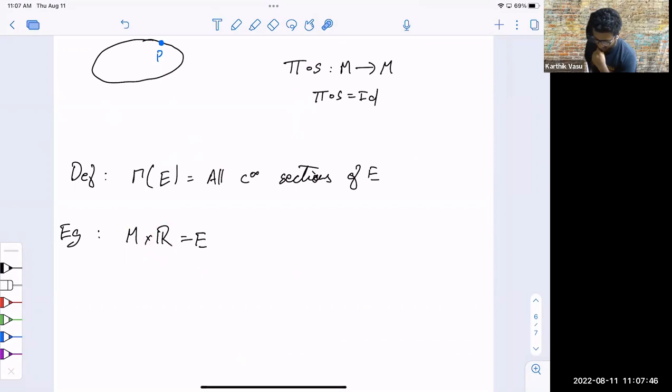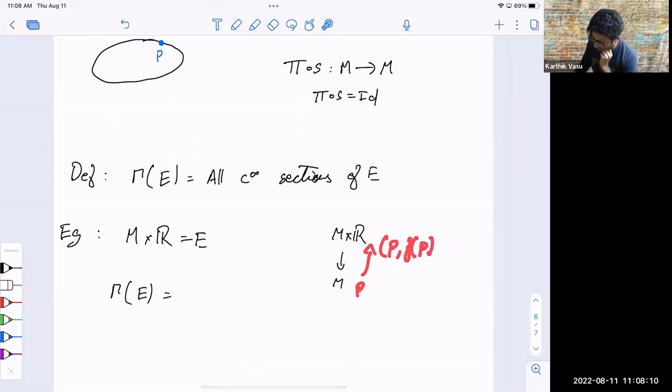If I have a trivial bundle like this, with the usual projection to M, then what will the sections do? For every point P over here, I will be getting a point and some function of P, because it's a real number, which is smoothly varying.